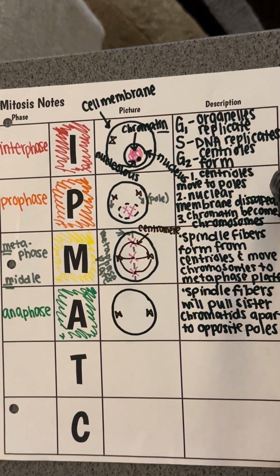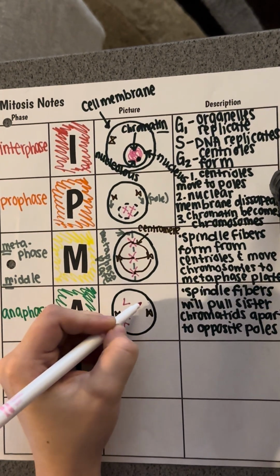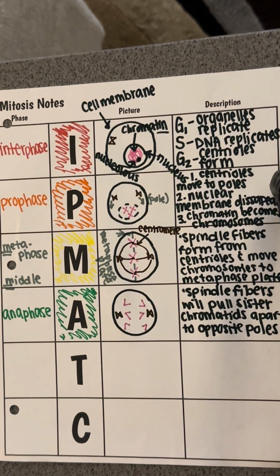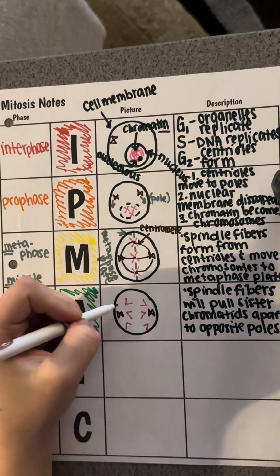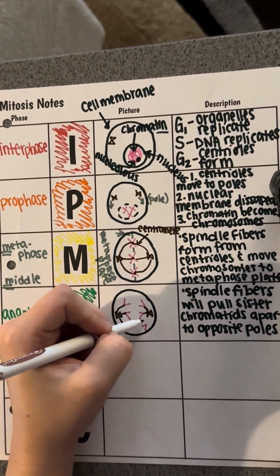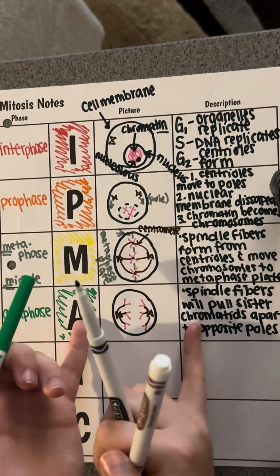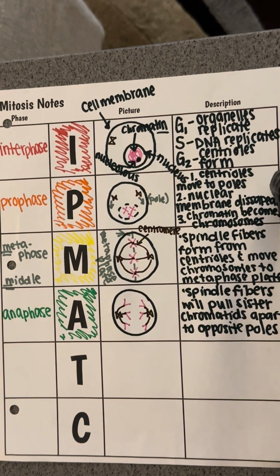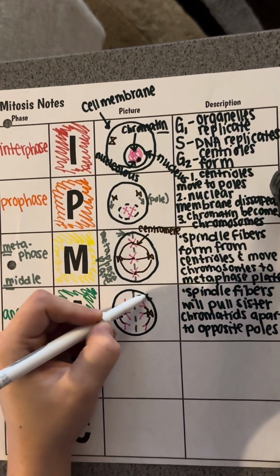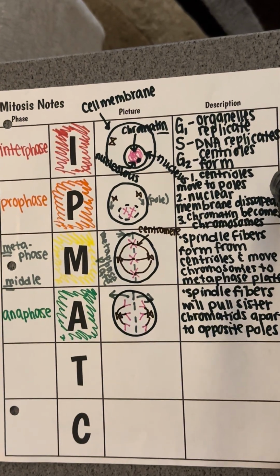And they're pulling apart the sister chromatid, so we're only going to be drawing half of an X. And where they get attached is at that centromere, that center part. So we're going away from the middle to the outsides. So we're going to be getting away, just pulling to either side.